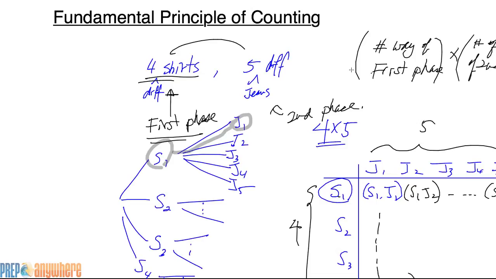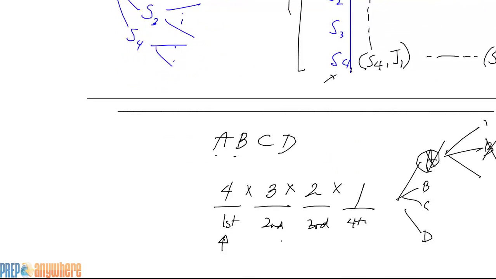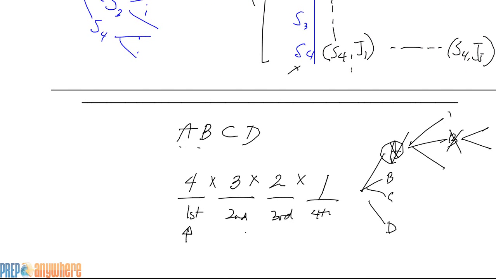It gets really complicated how many choices you have. But counting each of those individually is easy. So you just multiply through them and get all possibilities. Is that okay? So that's the fundamental principle of counting. Let's do some more examples.